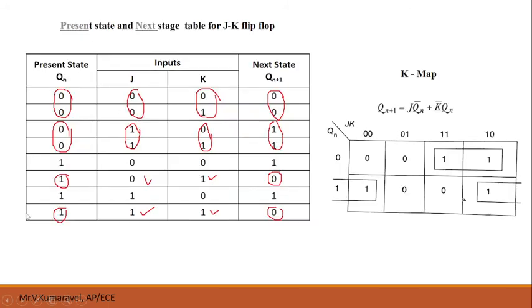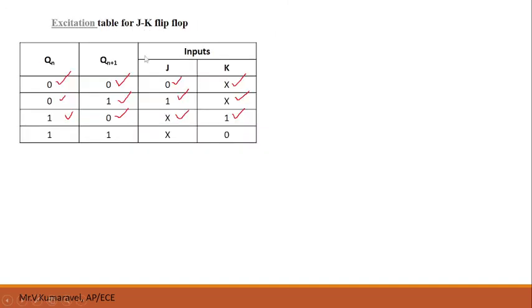The last case is present state equal to 1 and next state equal to 1. Under this case, your K is 0, but your J varies 0 and 1. Therefore, for 11, J is don't care and K is 0.